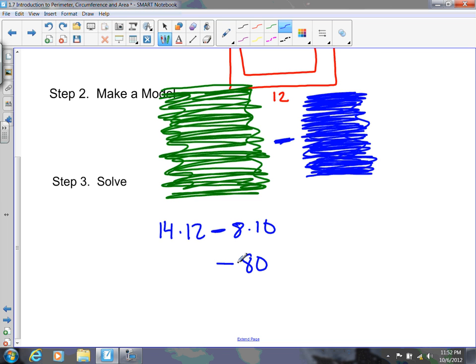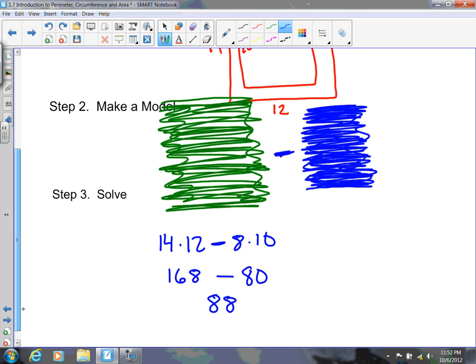Hopefully you don't need a calculator for that one. 14 times 12. So I'm thinking 120 and 48, so 168. So 168 minus 80. Well, 160 minus 80 would be 80. That's the 88.